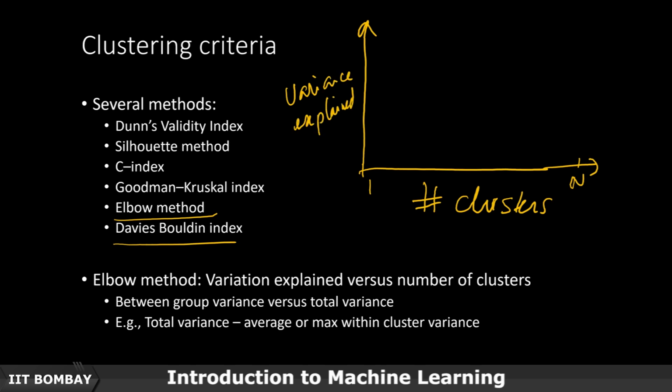Okay. So if we have n different clusters, they will explain all the variance that there is. And if we have one cluster, then probably it will not explain any variance. So we will have a curve that will go like so, and somewhere it will have an elbow, and that elbow represents a good number of clusters.